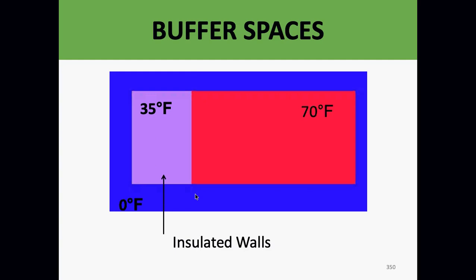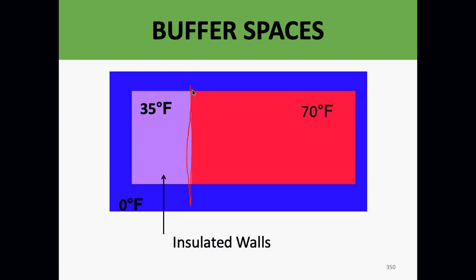Insulated walls. We have an insulated wall, and we talked about this yesterday. We use the average of the heated space and the outside temperature. We talked about this when we talked about crawl spaces and unheated garages.